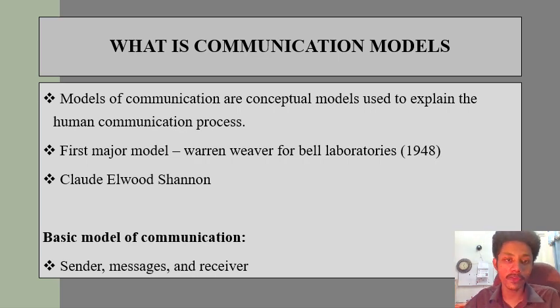Then we have the basic communication model right here. These are very common models and easy to understand. First, we have the sender, which is where the information is coming from, like which person is the sender. Another one is the message. The message is the information that you are about to convey to the receiver.